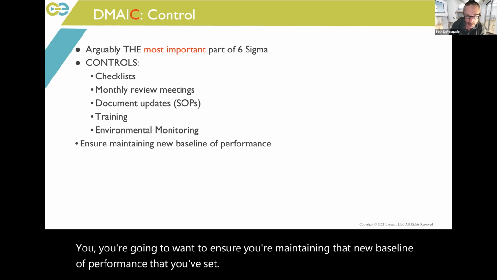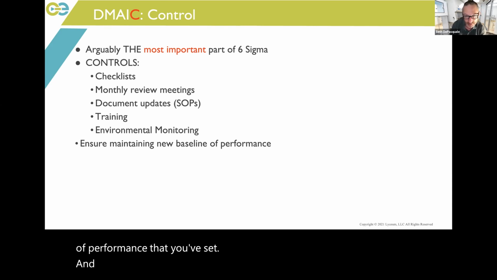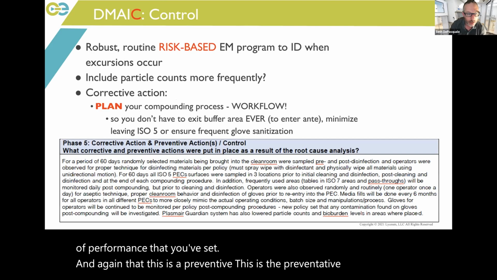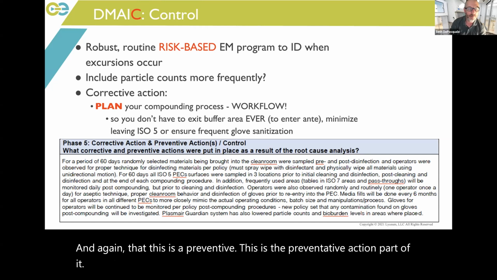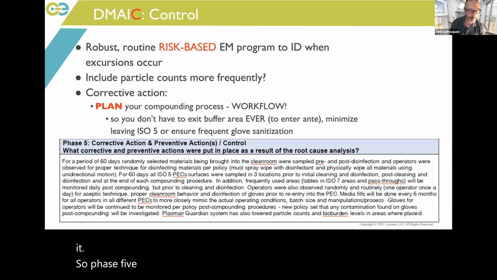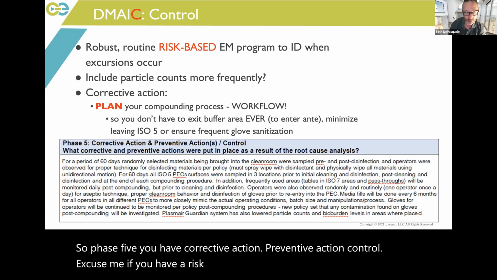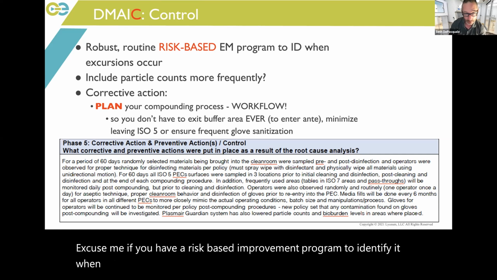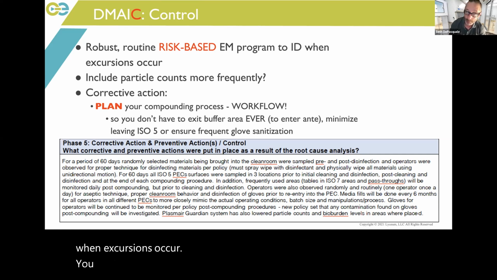And again, this is a preventative action part of it. So phase 5, you have a corrective action, preventative action, control. If you have a risk-based EM program to identify when excursions occur, you include particle counts more frequently, maybe.